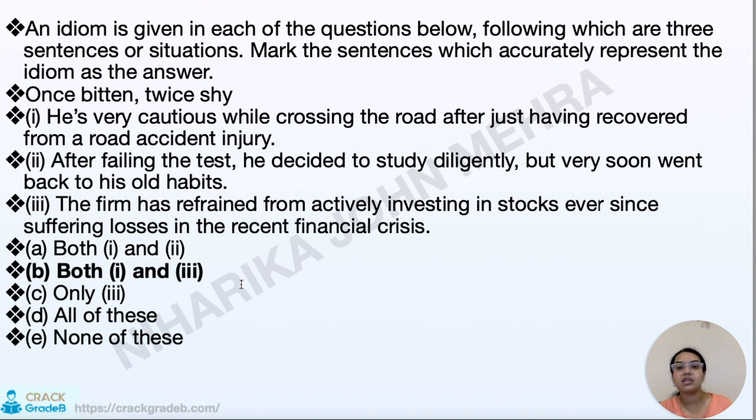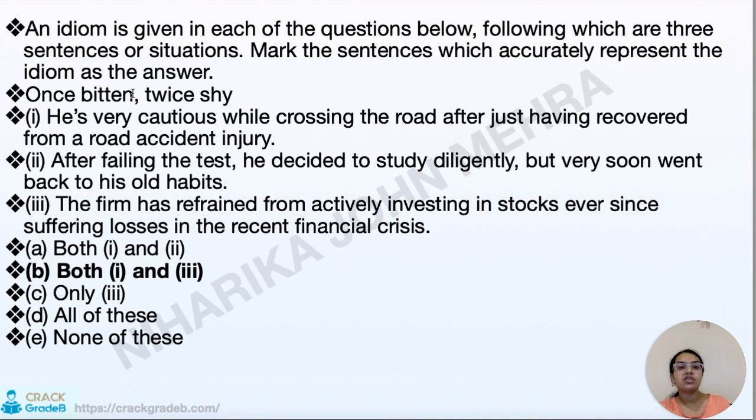He should study more, but very soon he went back to his old habits. The third part of the sentence is he went back into his old routine, old bad habits. So he is actually not being careful here. He decided to rectify the mistake. It's not like the second time something new happened and he was cautious about it, and that's the reason the answer is both the first and the third one but not the second one.